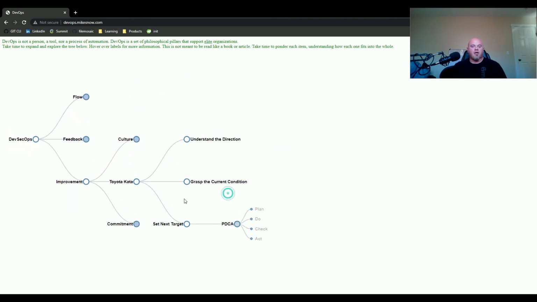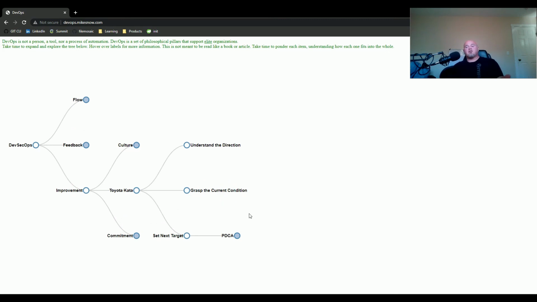You understand the direction or the end state you want to get to, the desired state. You understand the current state, and then you set incremental goals you iterate on to go from current state to desired state. Toyota Kata is a more full-featured set of practices around that process, feeding off of the balancing loop in terms of feedback loops.